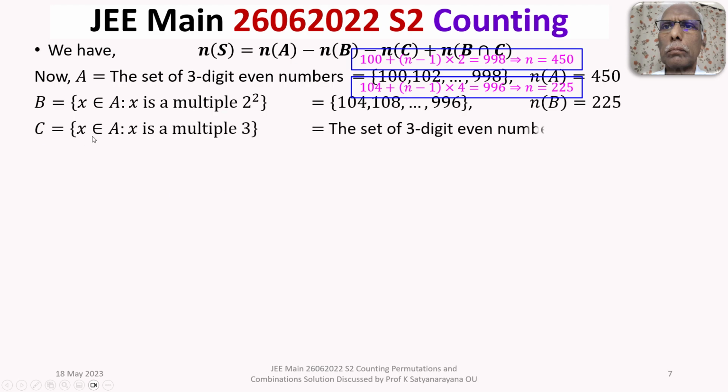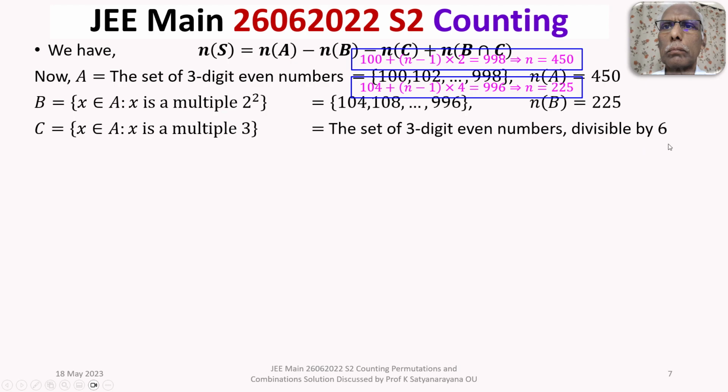C is the set of all x belonging to A, where x is a multiple of 3. So that is the set of 3-digit even numbers which are divisible by 6. Why? x belongs to A means it is a 3-digit even number, and x is a multiple of 3. So an even number and a multiple of 3 means this is a 3-digit even number which is divisible by 6.